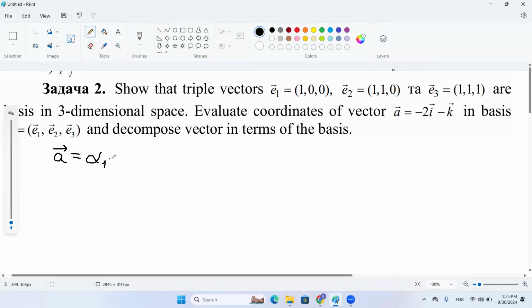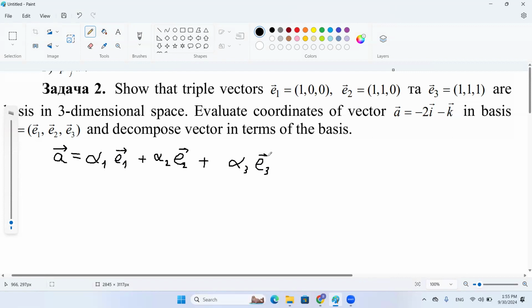So alpha 1 multiplied by E1 plus alpha 2 multiplied by E2 plus alpha 3 multiplied by E3.